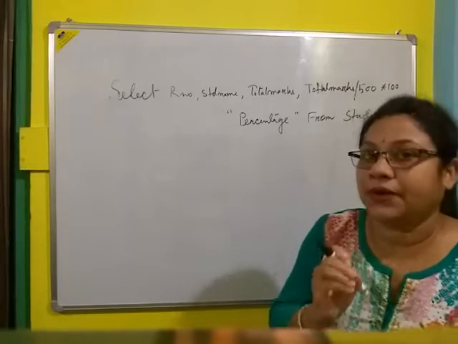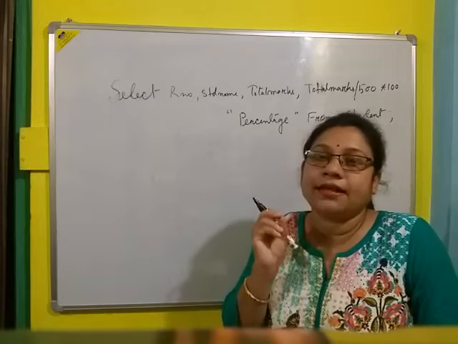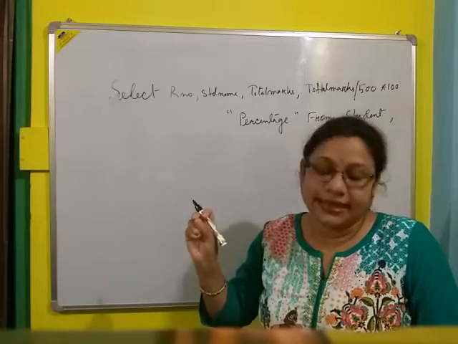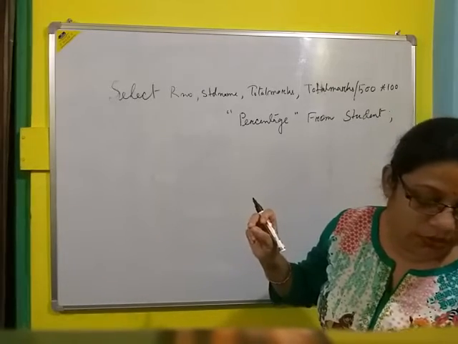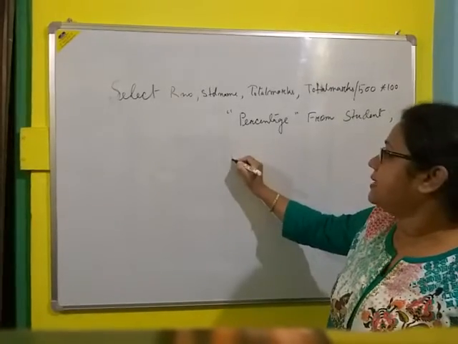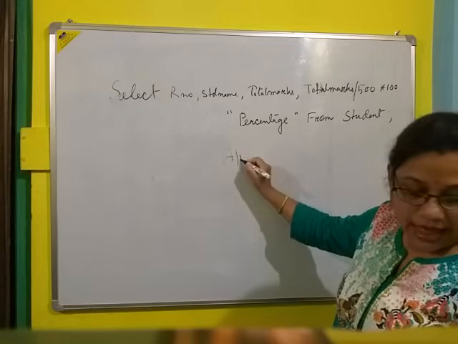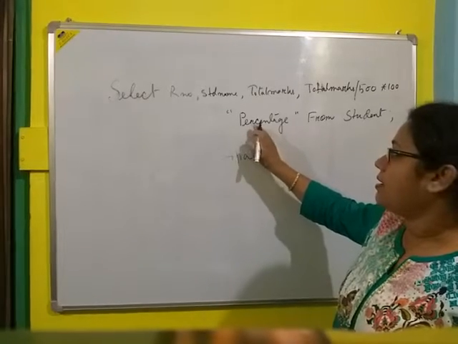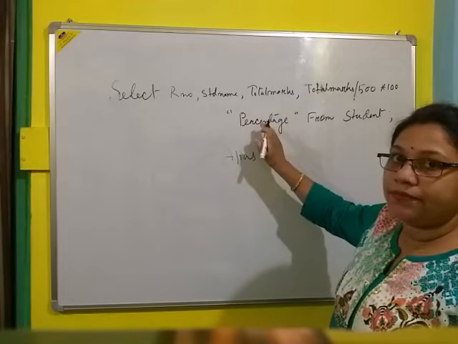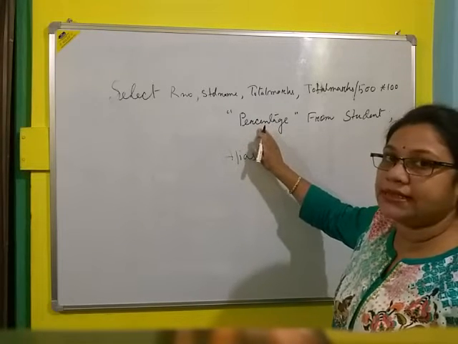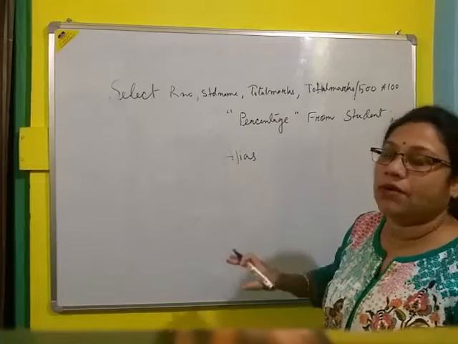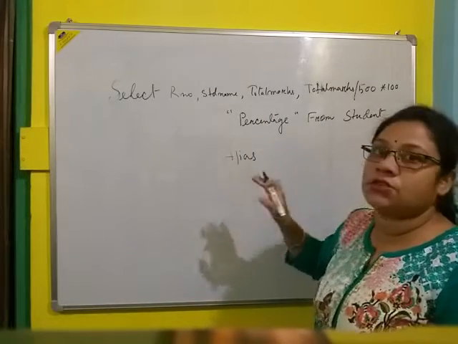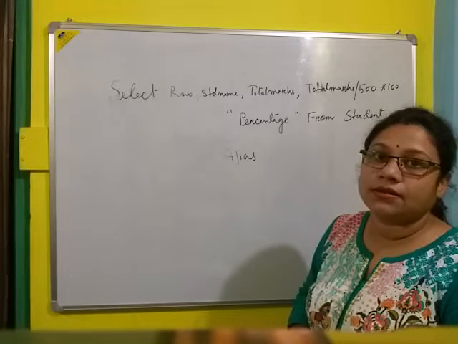Okay, so when you write this command, the computer will create a new field name or a column name which is temporary. It will create a temporary column name which is known as alias. That is known as alias, ALIAS. Here I am giving a field name, that is percentage. This is a temporary field name, and this temporary column name is known as alias.